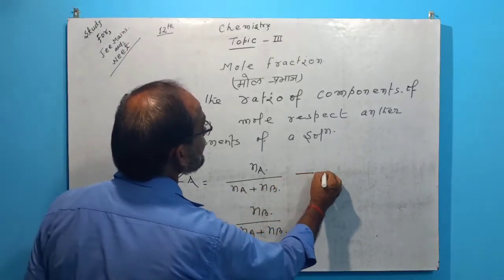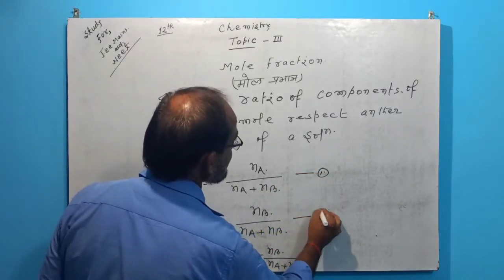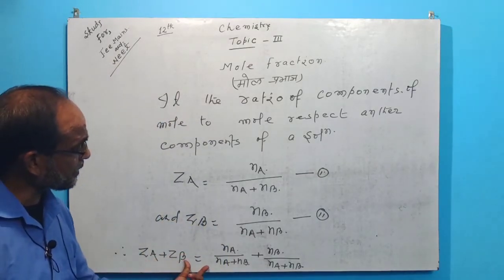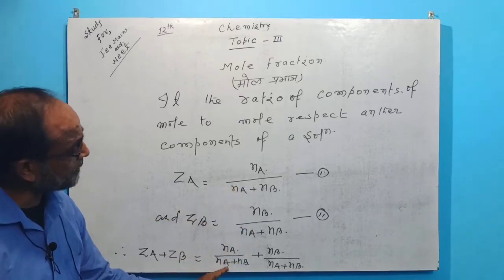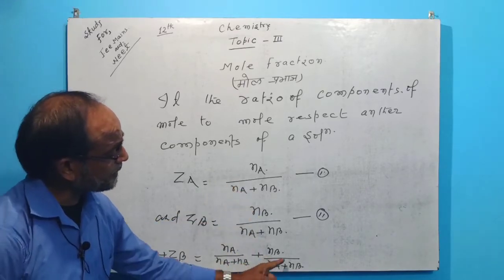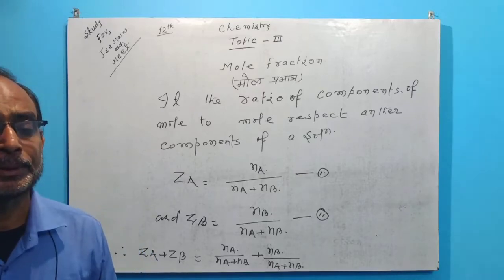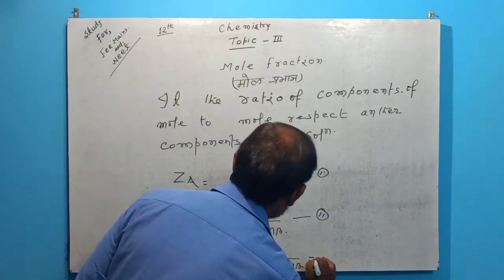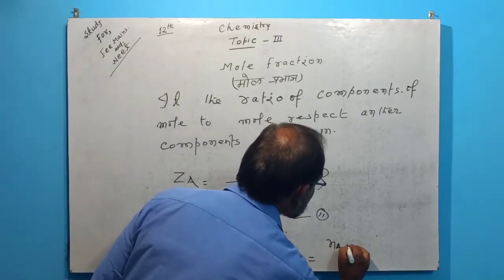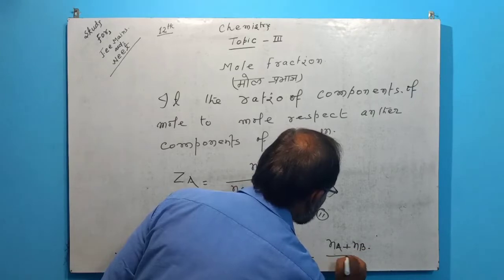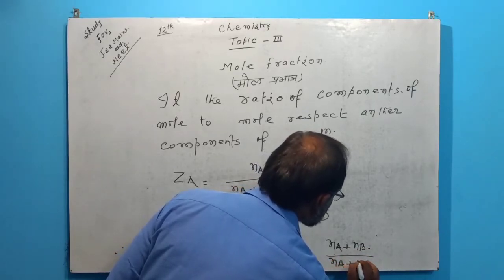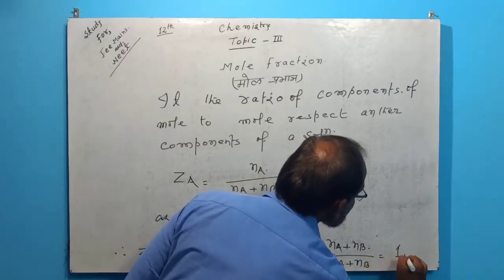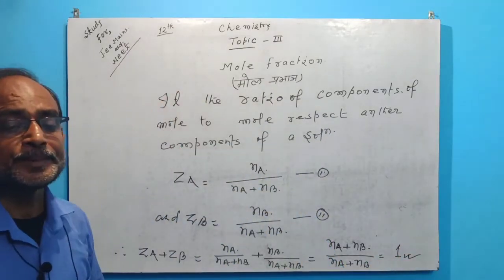When both equation first and equation second are added, it must be written as Na plus Nb upon Na plus Nb, that is 1.